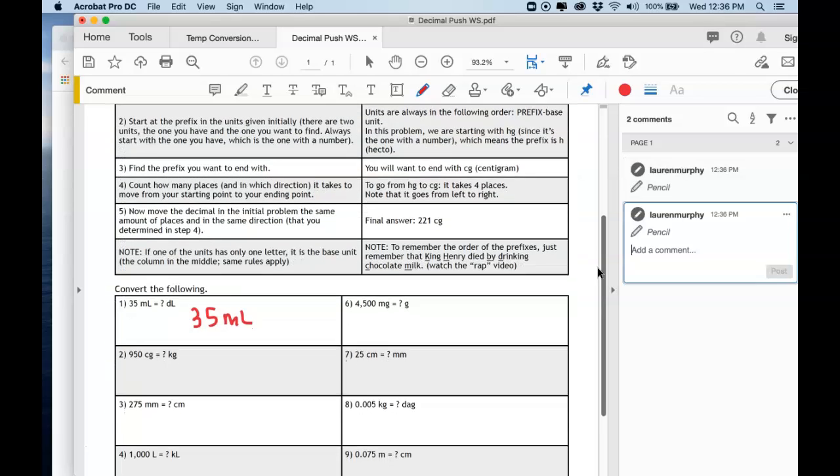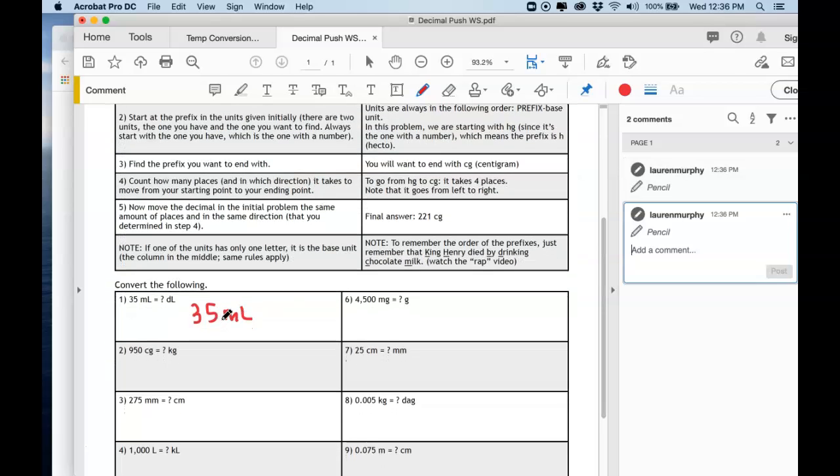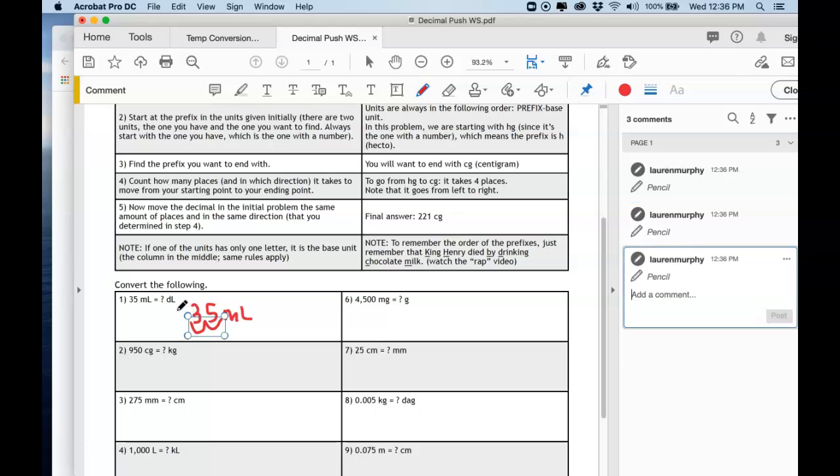So you come down here and you take this number and you go back 1, 2, and you end up with 0.35 deciliters.